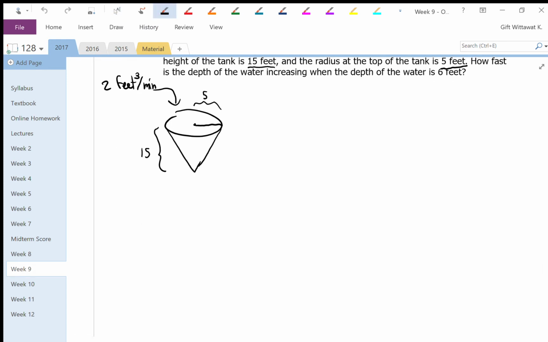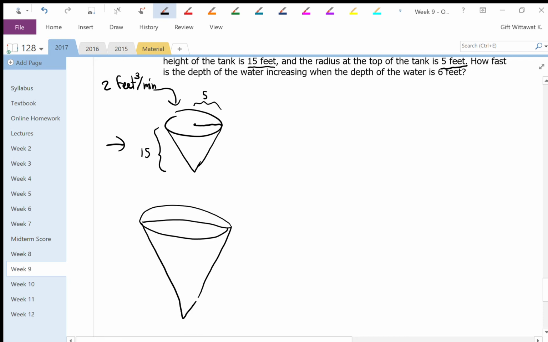So if you look from the side of the tank, you will actually see this thing. The tank is a cone, but if you see from the side, it will look like a triangle. So this is 5 and this is 15.